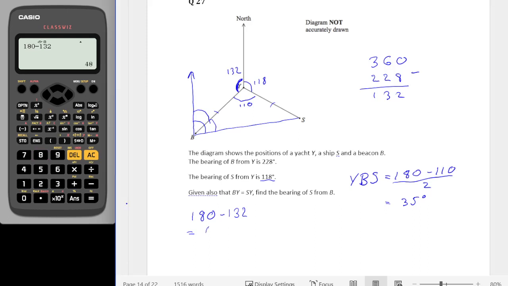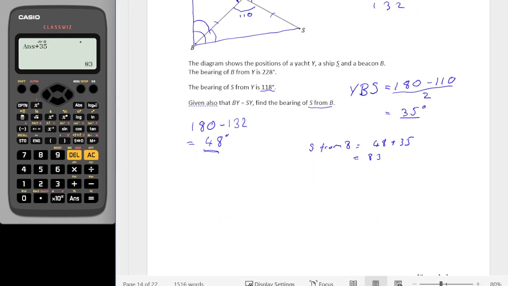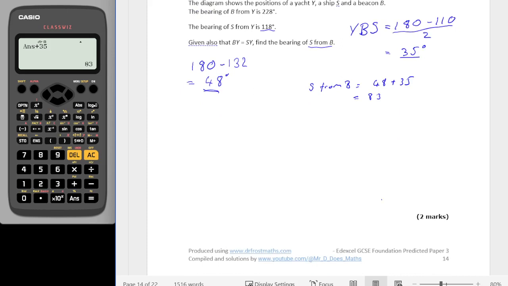It's going to give me 48. So the bearing of S from B is going to be these two added together: 48 plus 35, so 83. And as a bearing, bearings are always quoted as 3 figures from the north direction, so that's going to be 083.